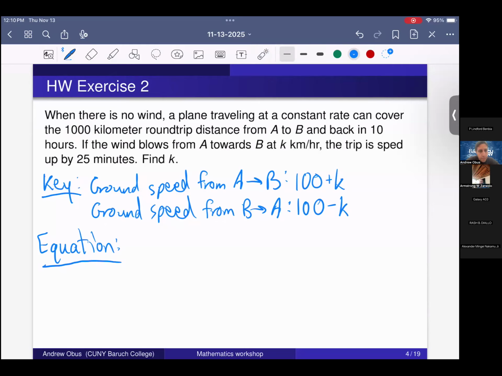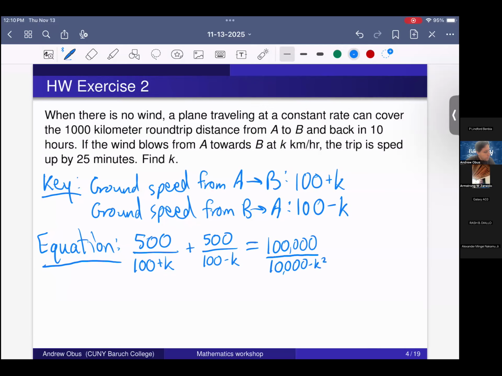For the first equation, it's 500 over 100 plus k, plus 500 over 100 minus k, equals 100,000 over 10,000 minus k squared. That's the equation I have, so we can look at whether I'm right.